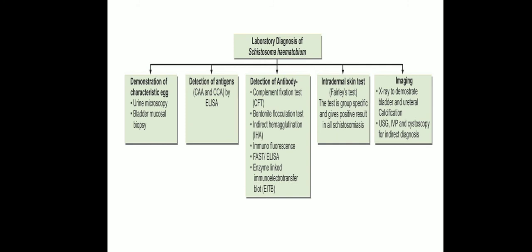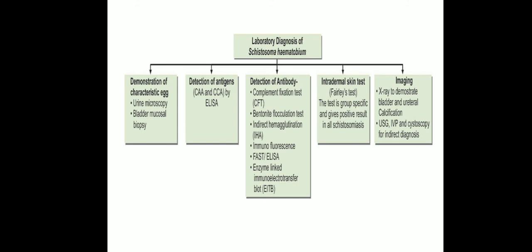Then we have two serological tests available at Centers for Disease Control and Prevention, CDC. They are the Falcon assay screening test, or we call it FAST-ELISA, and the confirmatory enzyme-linked immunoelectrotransfer blot, EITB.